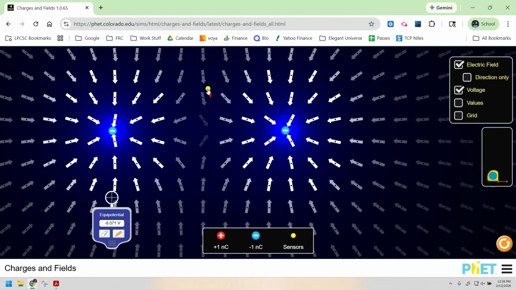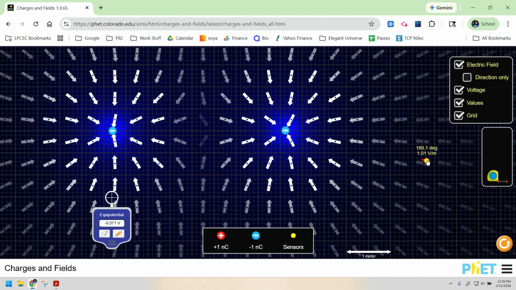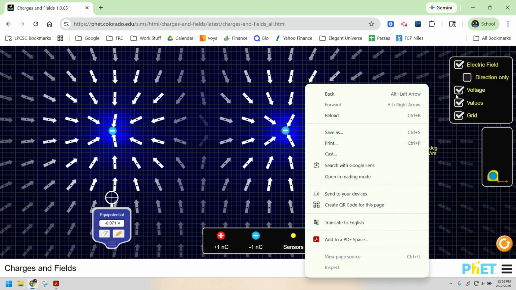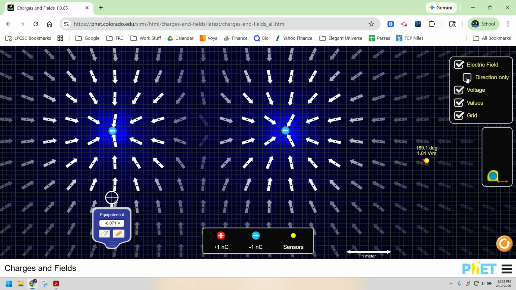And this sensor just kind of shows us some things here. If I wanted to show some values, I wish I could get rid of that. I can't. I'd have to redo the whole thing.